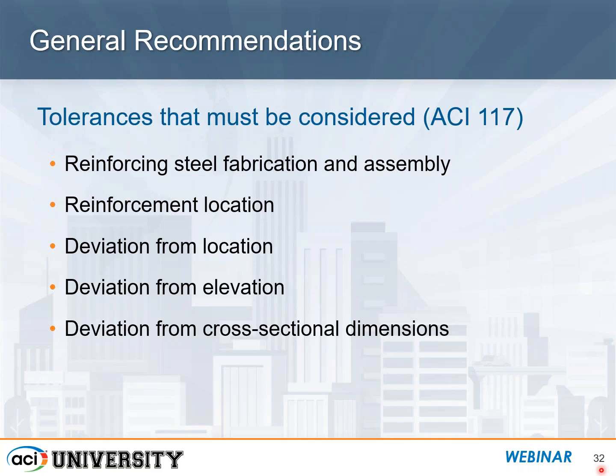Where the reinforcement is located in the structure itself, depending on the different types of members, there are tolerances where those bars can be located. There are also deviations from the location and elevation of the structural member, say the footing, where it's located and where its elevation is with respect to where it's supposed to be. And then there are deviations from cross-sectional dimensions.